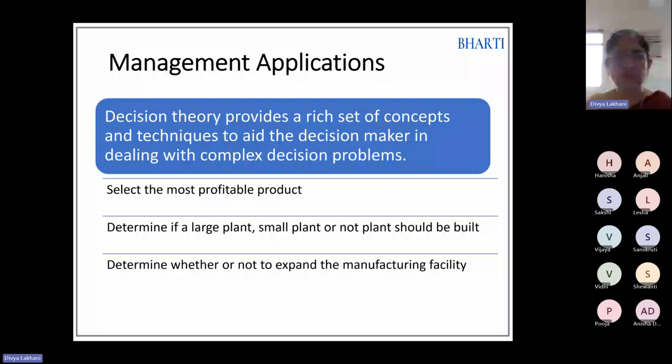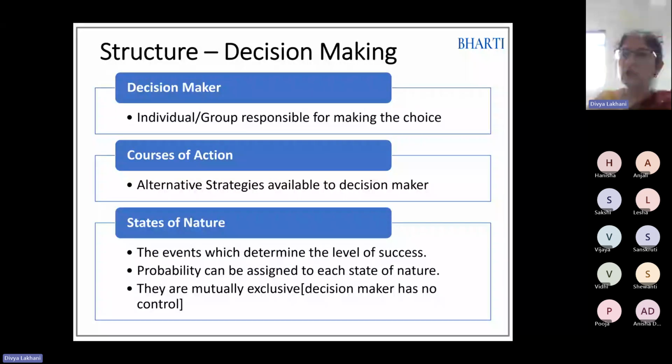So what is the structure in this topic? One is the decision maker. That is the person who is in the role of the data analyst and will be in charge of doing the analysis and then arriving at an appropriate decision. Courses of action indicates the different strategies that you can adopt depending upon the situation.